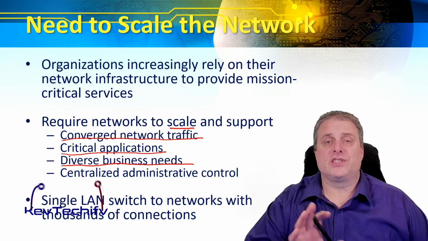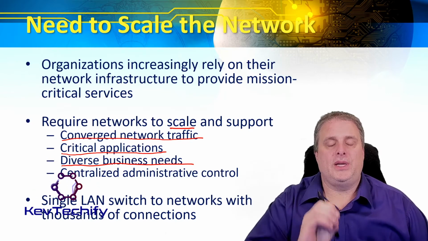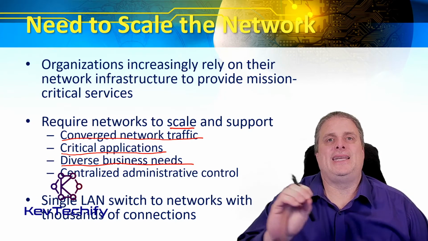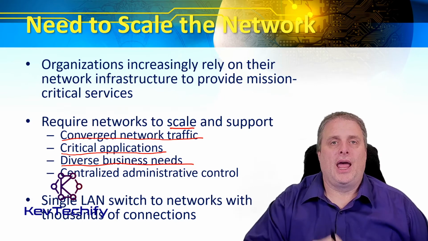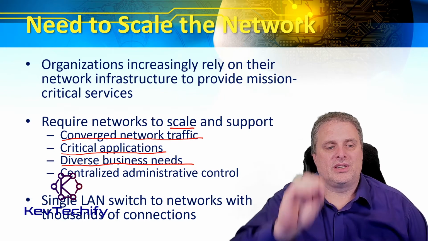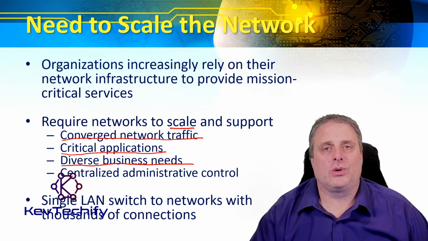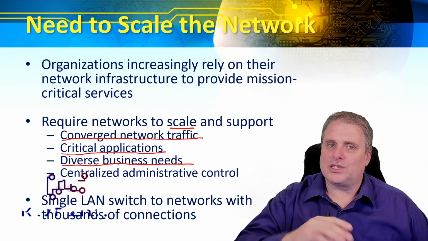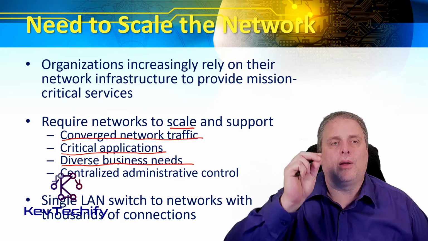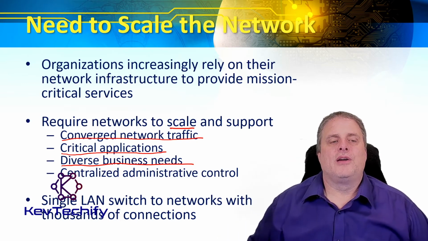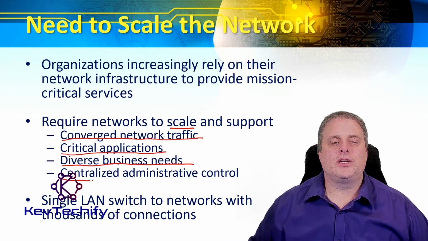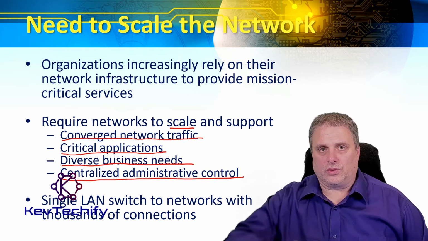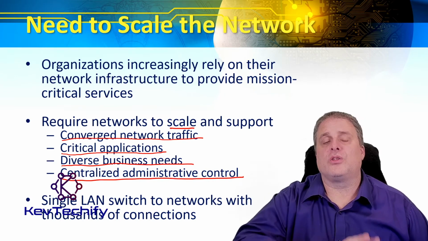And with all of this going on, wouldn't it be nice where you don't have to go around to each individual device and configure them? You could centralize the administrative control and do it from one area. And sometimes it's overlooked, sometimes it's just assumed, but be aware as you're designing your network, figure out how you're going to administer all of those devices, all those technologies, all those protocols.